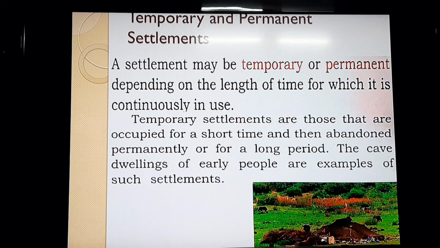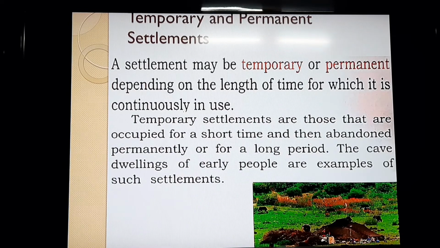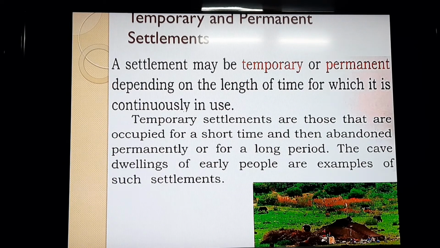Temporary settlements are those that are occupied for a short time and then abandoned. Okay, they are used for a particular time and then left permanently for a long period. The cave dwellings of early people are an example of such settlement. In ancient times, early people lived in caves.